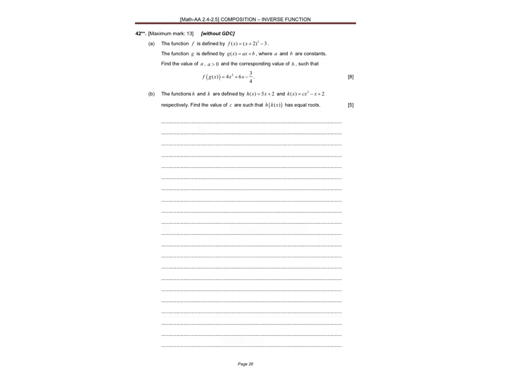Find the value of a greater than 0, and the corresponding value b such that f of g at x is that. Okay, so if we have f of g at x is 4x squared plus 6x minus 3/4, we could do f inverse of all of this. But then we would have to find the inverse of f, and it's quadratic.